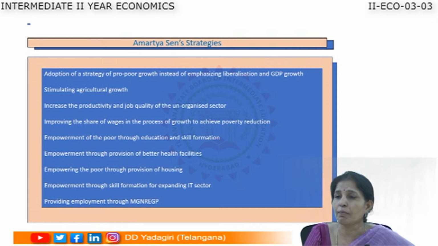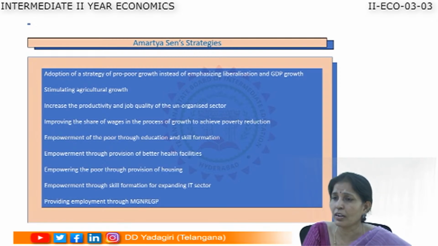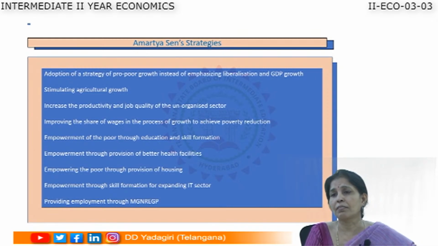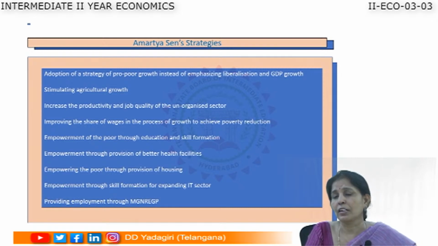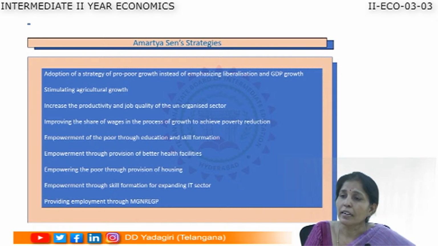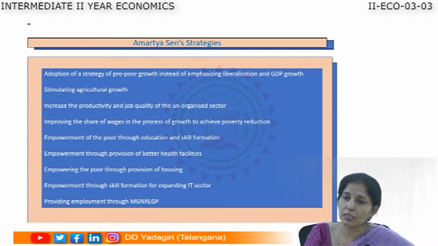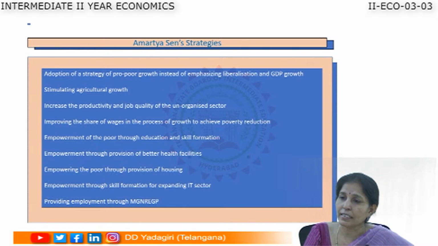Empowerment through provision of better health facilities. We have different programs like NRHM, NUHM, and Janani Suraksha Yojana. These programs are providing better health facilities, but we still have to provide strict monitoring of these provisions in the areas. The next one is empowering the poor through provision of houses, and empowering skill formation by expanding the IT sector.